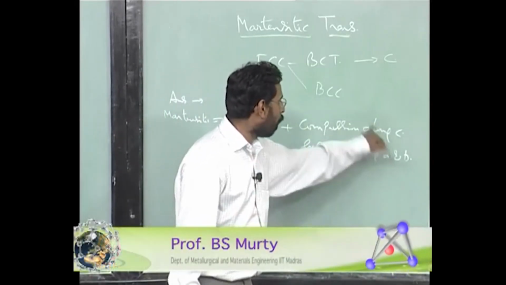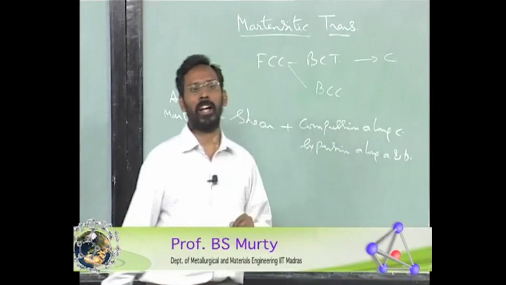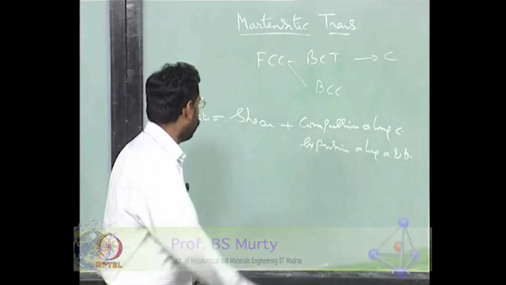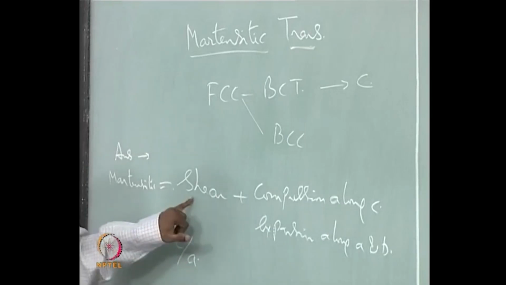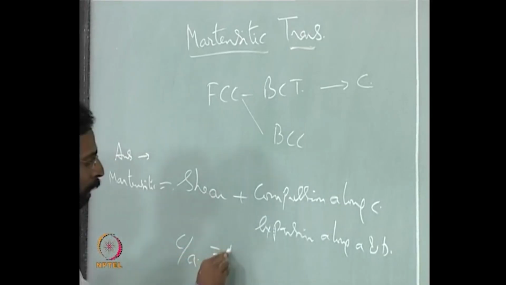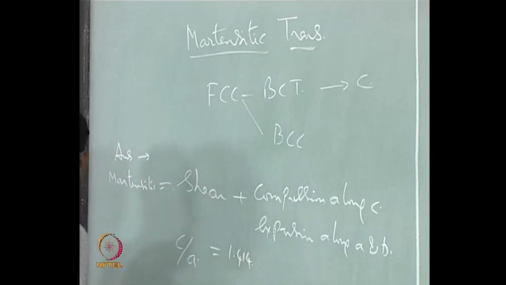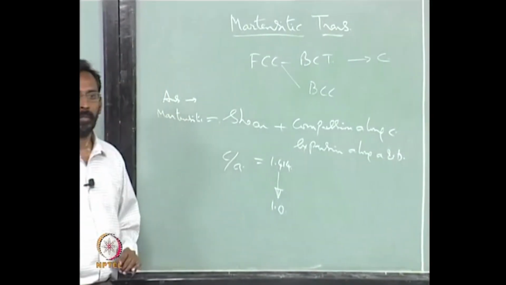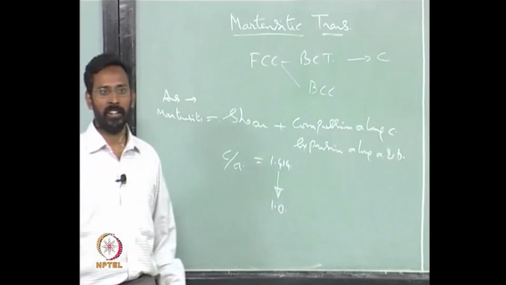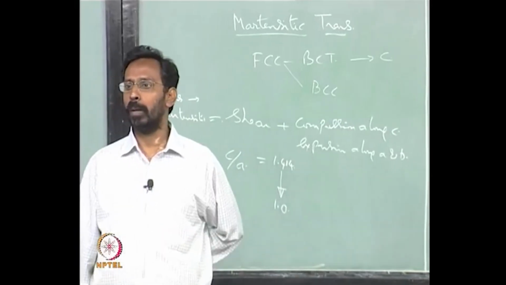Depending on to what extent this second process can occur, it is going to decide what the C by A ratio is. Just after shear, C by A is 1.414, we have seen, and in principle it would like to come to 1.0, which is the BCC structure, which is a stable structure at room temperature.